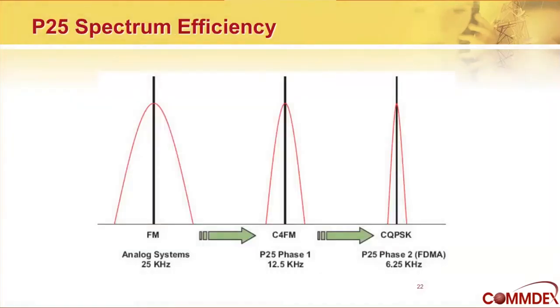Again, spectrum efficiency was what drove this whole process. The old analog systems operate with a 25 kilohertz bandwidth, and with C4FM in P25 phase 1, we were able to reduce that to 12.5 kilohertz, and then further reduce it with CQPSK to 6.25 kilohertz.